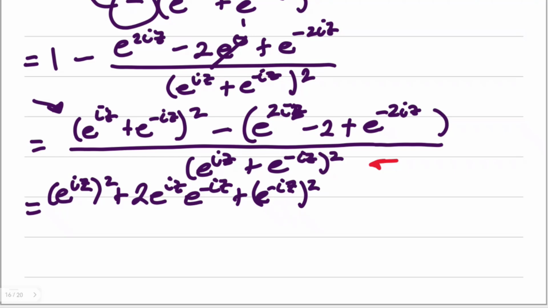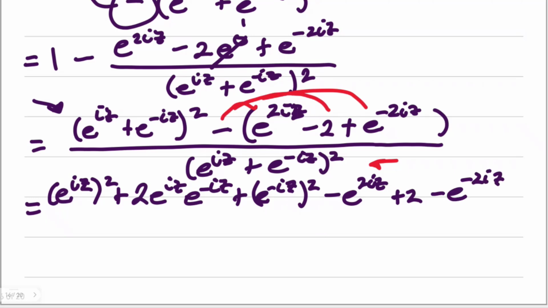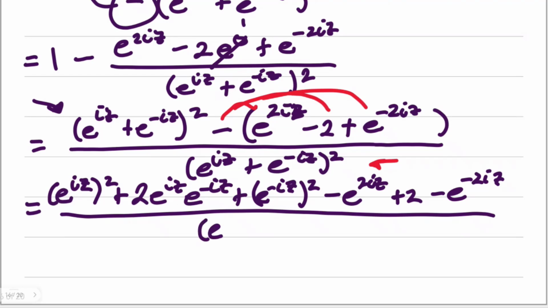And then for the second group, let me apply the negative sign here now. So what will happen here is minus e to the power of 2iz plus 2 now, because that's negative times negative, so that's plus 2, minus e to the power of negative 2iz, all over the same denominator where we did not take its expansion.